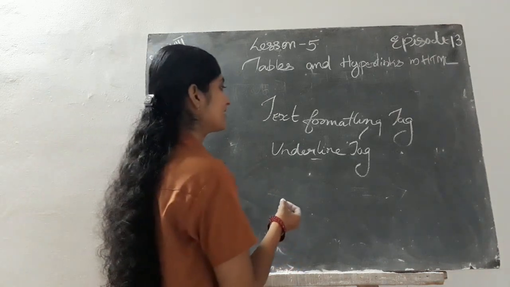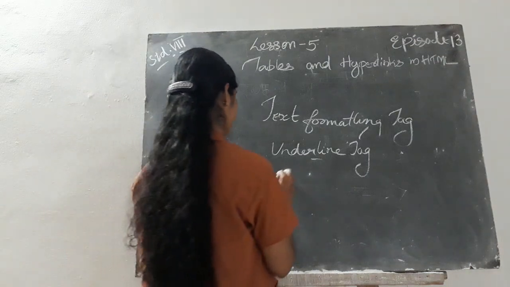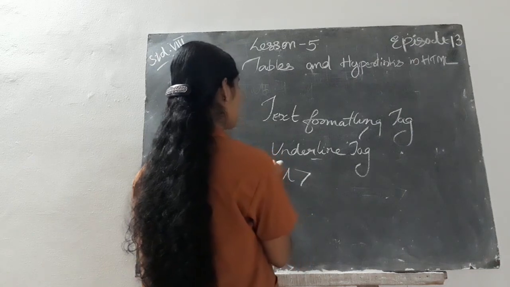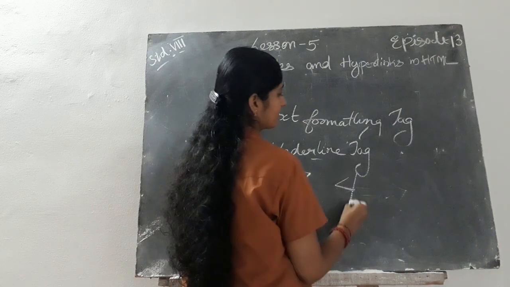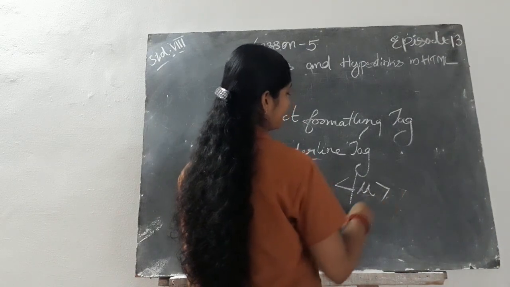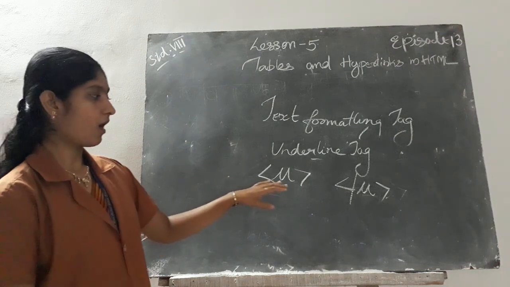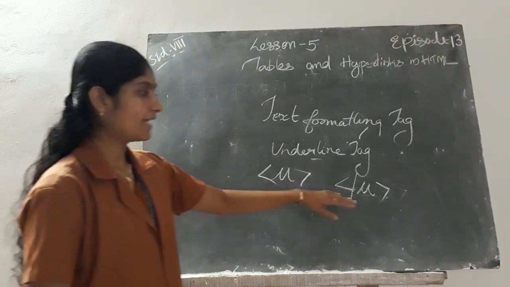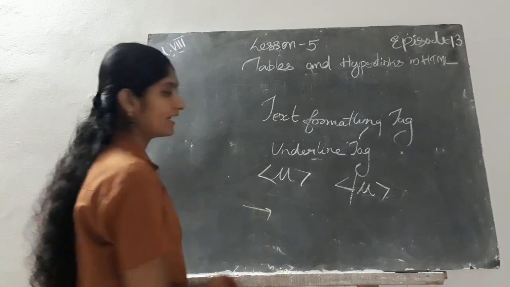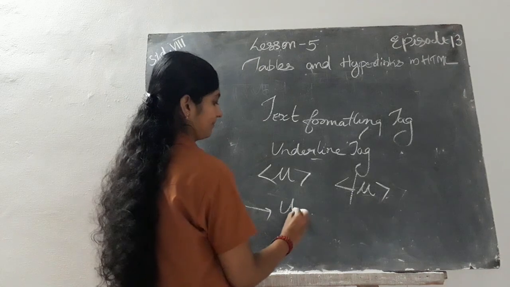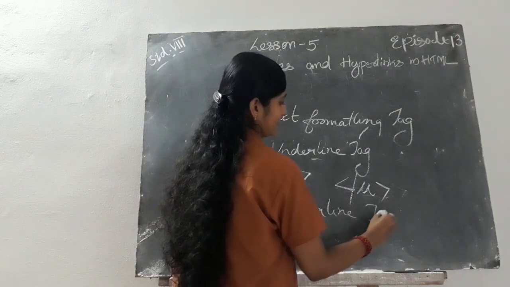So underline tag can be represented using the letter U. So this is the opening of underline tag and this is the closing of underline tag. Yes. So here the opening of underline tag and closing of underline tag. That means underline the text. Underline text. Okay.